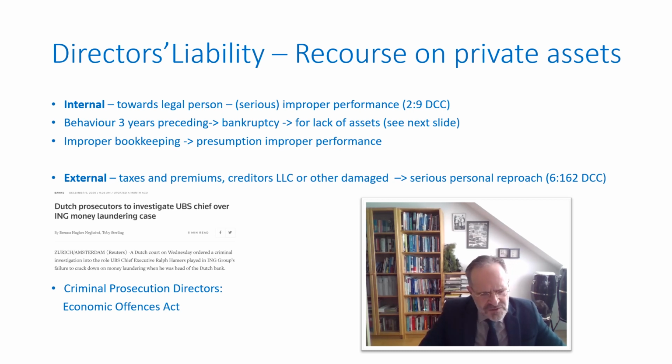So you must think of the situation that you are the director of a company, you do your work, but apparently the way you did your work can lead to a liability for which your personal private assets are available. Will that happen easily? Don't get shocked, it will not happen easily.